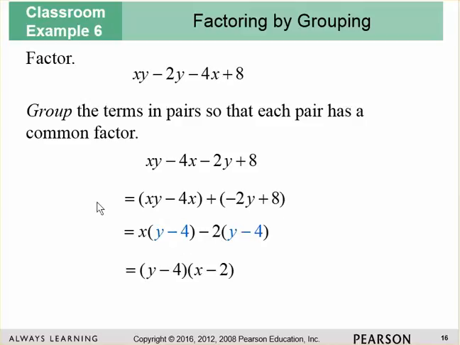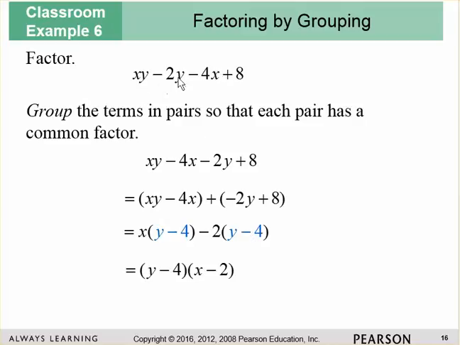They're going to factor out an x here, and we'll have a y minus 4, and factor out the negative 2, and we'll have a y minus 4. When you get to that step, then you're going to rewrite this as x minus 2 times y minus 4.